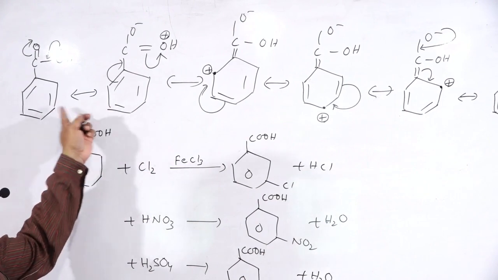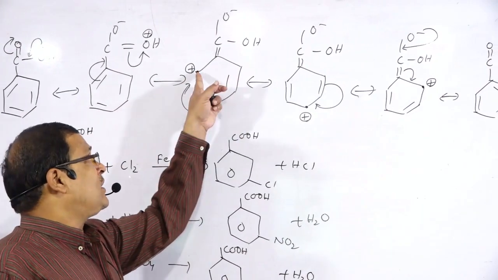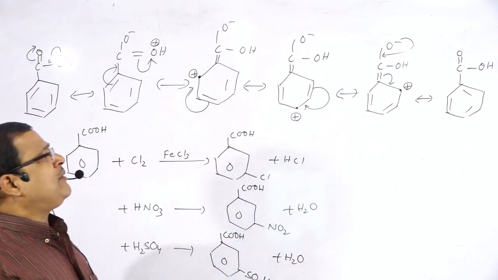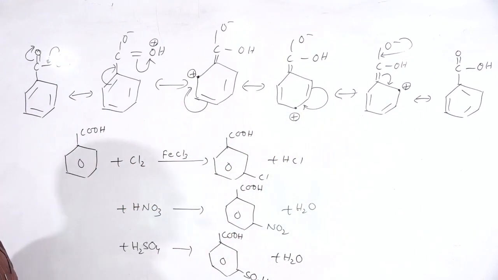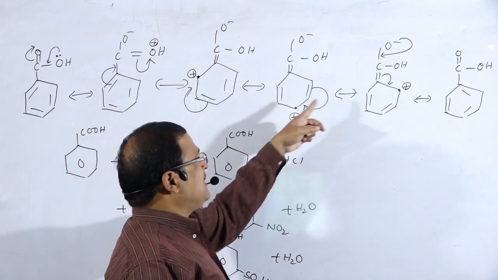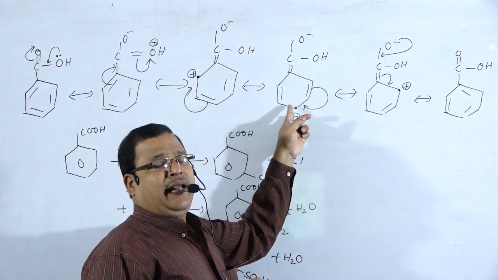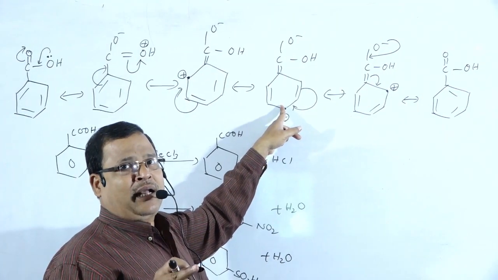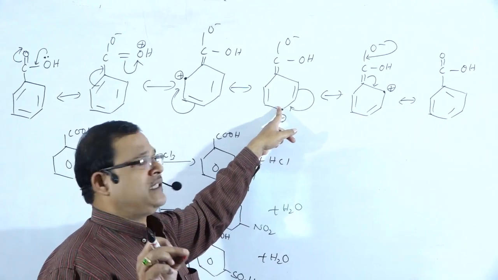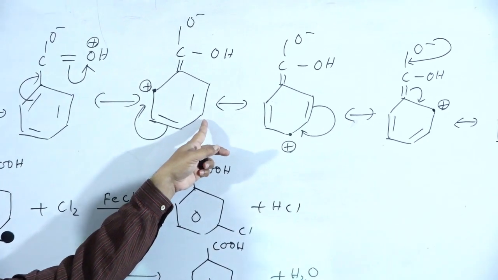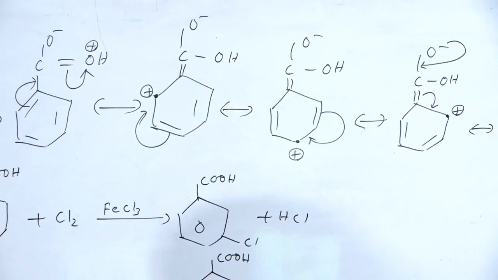This is ortho, this is also ortho, and this is the para position. The ortho and para positions acquire positive charge, which means the electron density becomes less at these positions. In comparison, the meta position acquires more electron density. Then what is the meaning of electrophile?